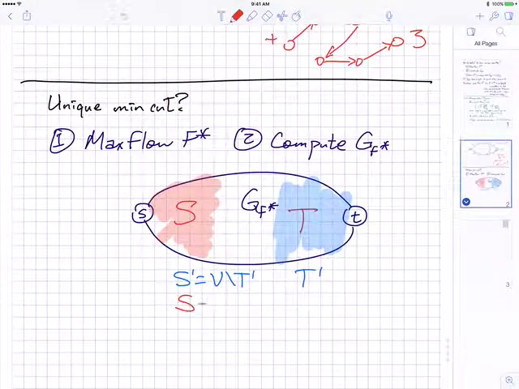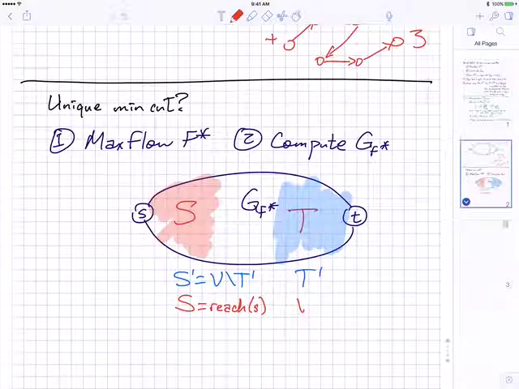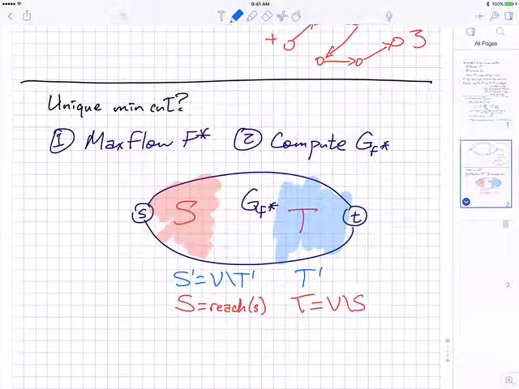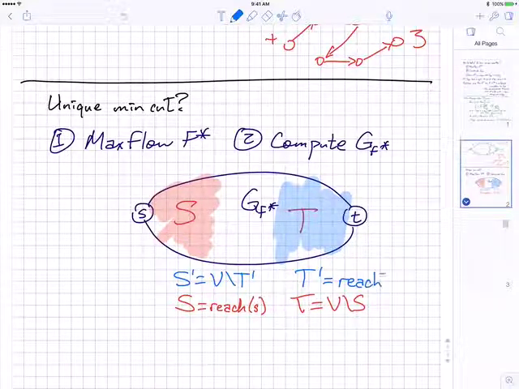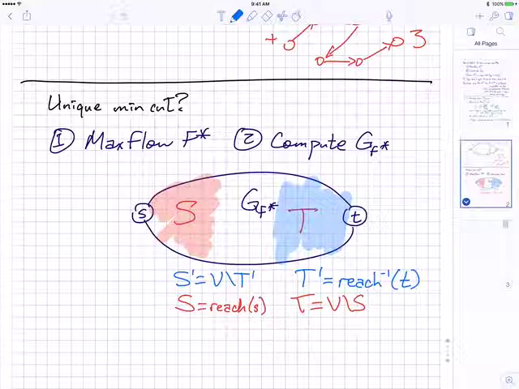Over here, S is everything that I can reach from S, and T is V minus S. In the other direction, T prime is everything that can reach T. The minimum cut is unique if and only if these two cuts are the same.